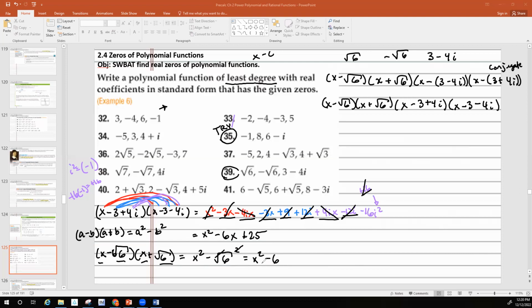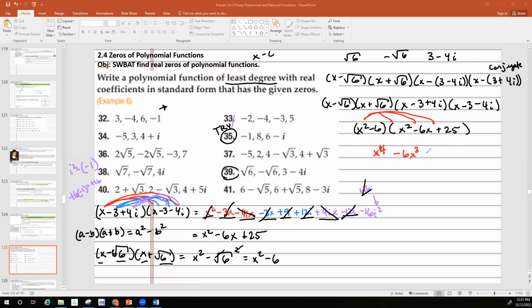These kids know. So there we have x squared minus 6 times x squared minus 6x plus 25. And then multiply. So you get x to the fourth. X squared times negative 6x is negative 6x cubed.